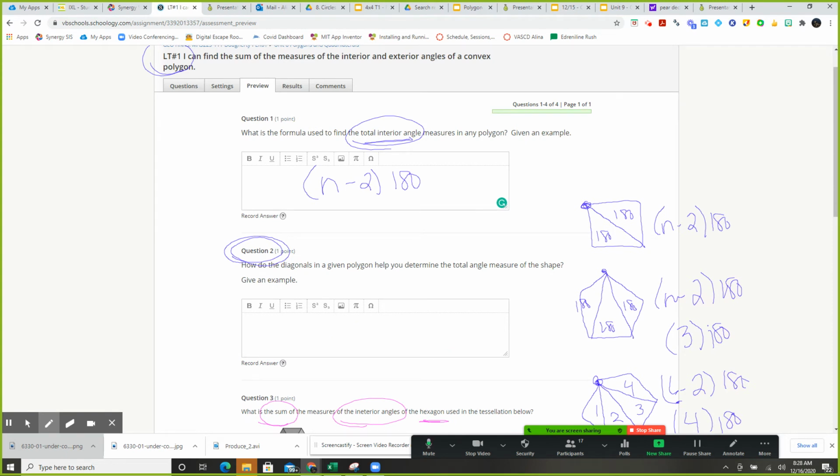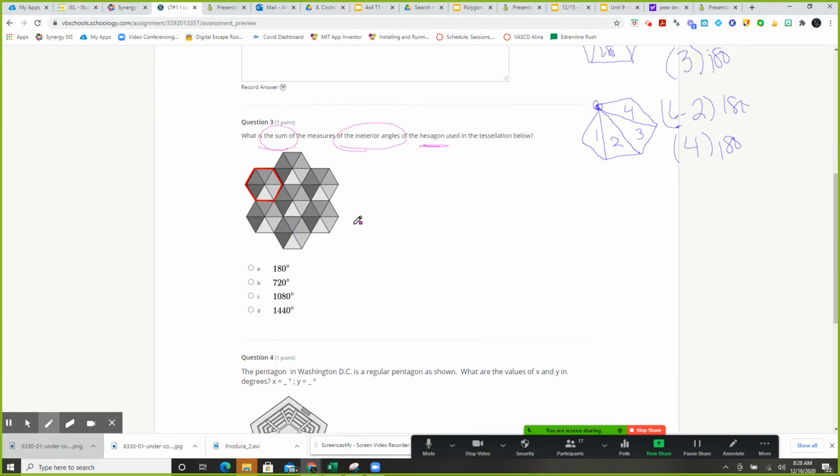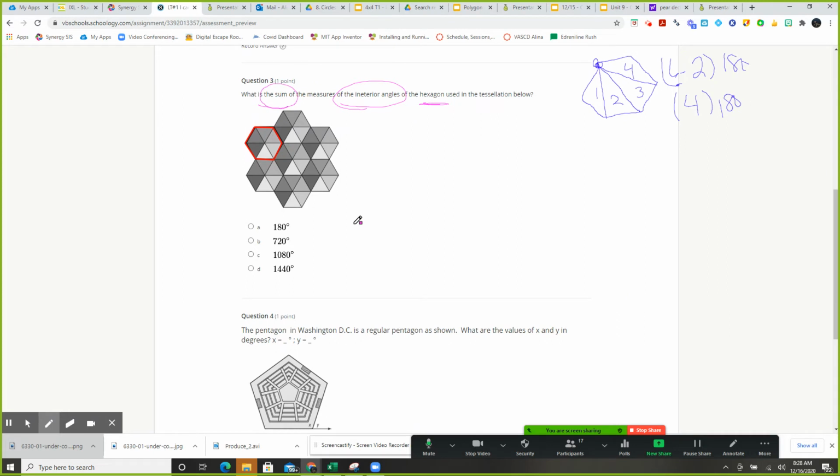The total, or the sum, of the interior angles of any polygon is n minus 2 times 180. So what do I do in question 3 when it's asking me the sum of the interior angle measures? 6 minus 2 times 180. Boom. And that works for every single polygon as long as it's regular.